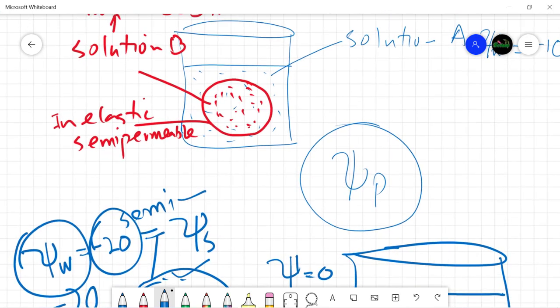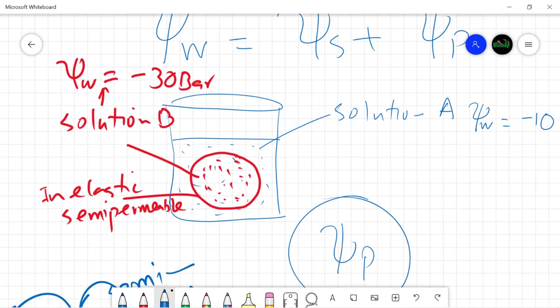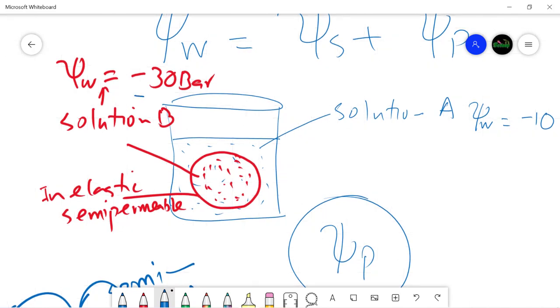Just to recap, as we know, we have two solutions, one in this particular container, which has a water potential of minus 30 bars, and the other in the beaker, which has a water potential of minus 10 bars.